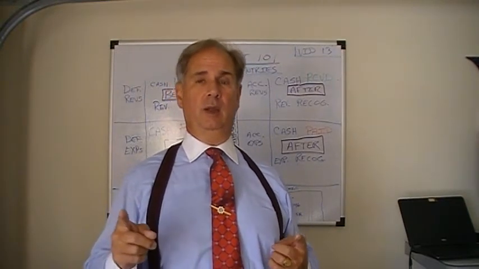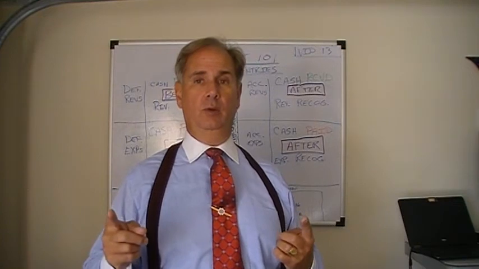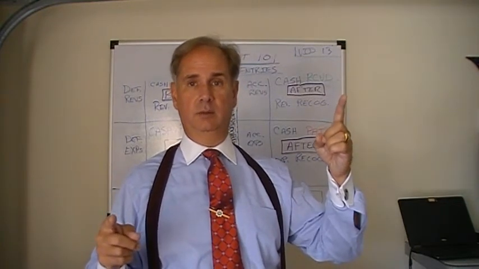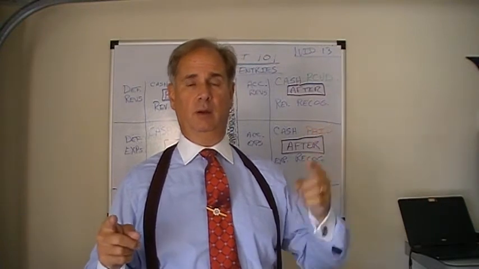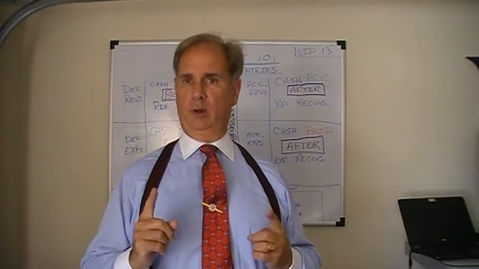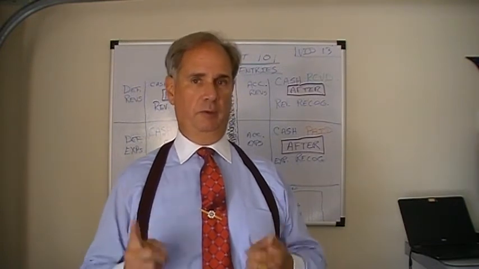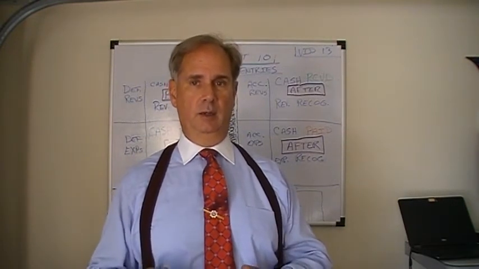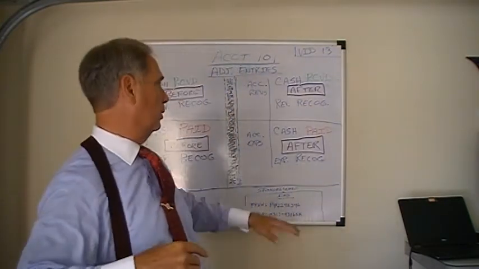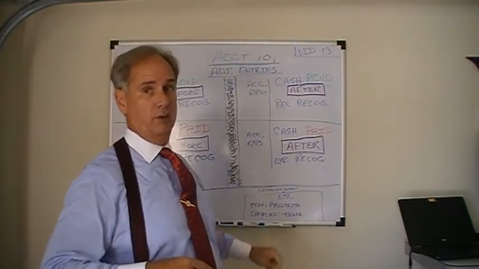I'm bringing to the correct balance an asset account, the accounts receivable account, and I am recognizing the $1,000 revenue. So for an accrual, the first entry is the adjusting entry. It's kind of counterintuitive.